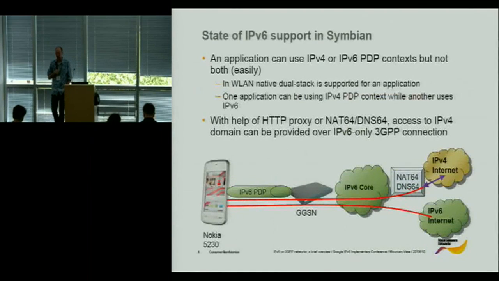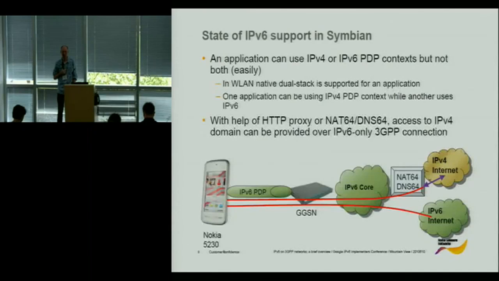So now we go a little bit to more implementation details. Again, we are doing pretty good there. There are a couple of different major mobile operating systems. There's one by Google, for example, but of course Nokia uses a lot of Symbian. Of course, I have to show you Symbian.